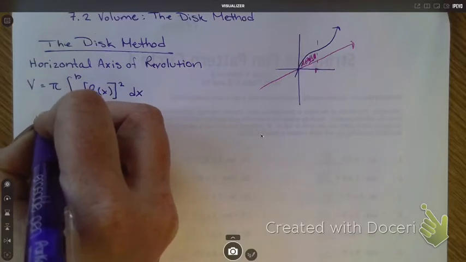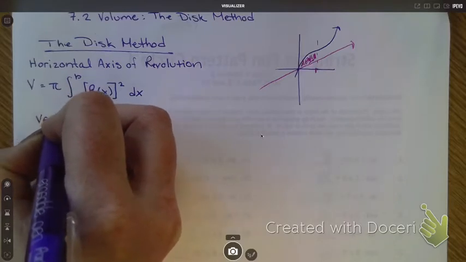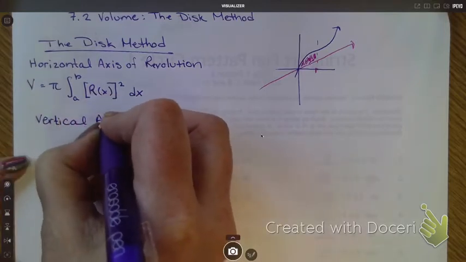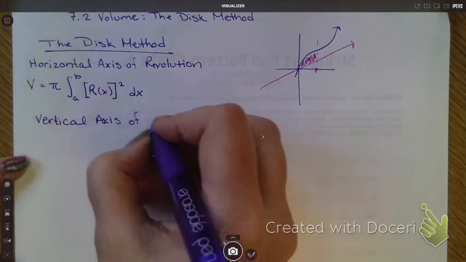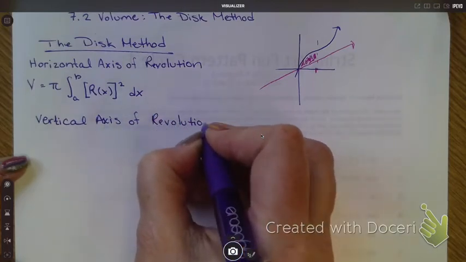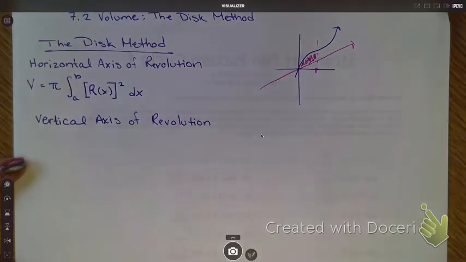So vertical axis of revolution, and one vertical axis would be the y-axis, correct? Yeah. Okay.